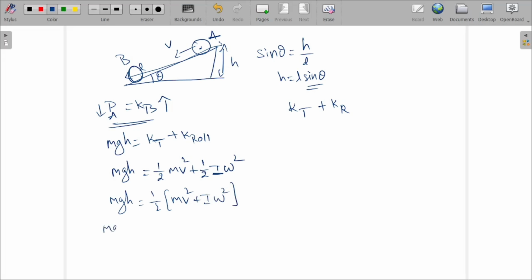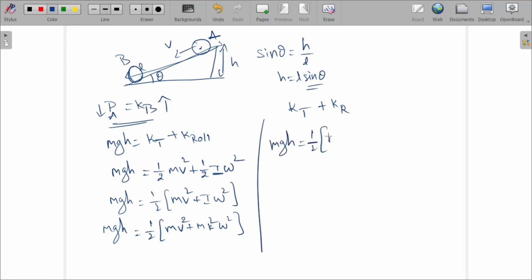From this, mgh equals half of m v square plus I omega square, where I is nothing but m k square, with k the radius of gyration, so m k square omega square. Again, mgh equals 1 by 2 of m v square plus m k square omega square. Here v equals r omega, the relation between linear velocity and angular velocity.